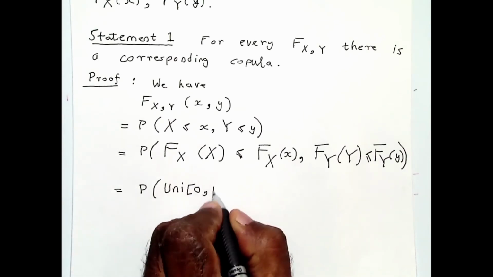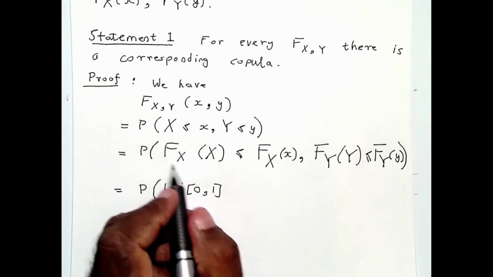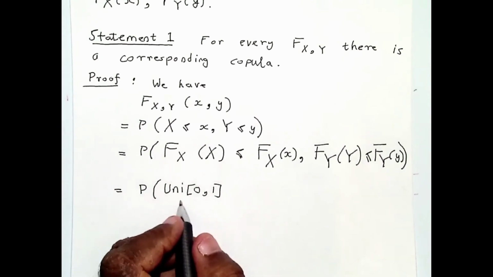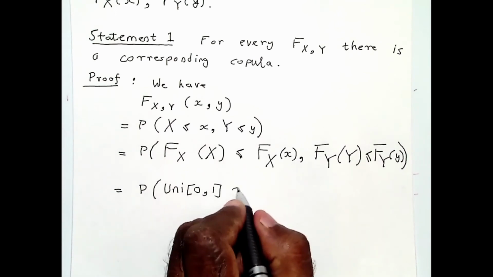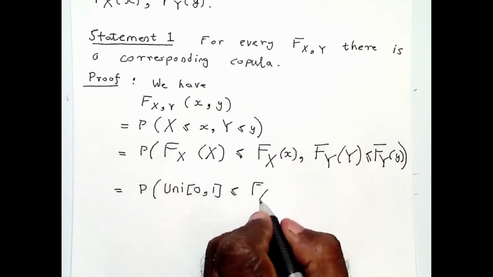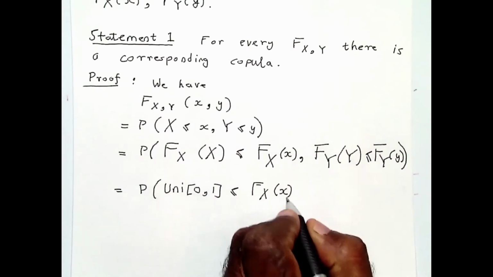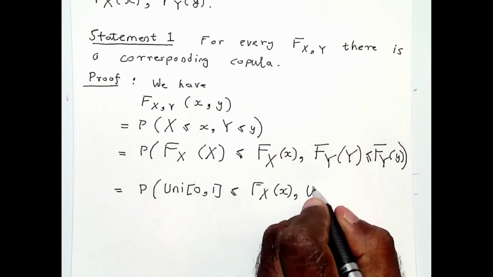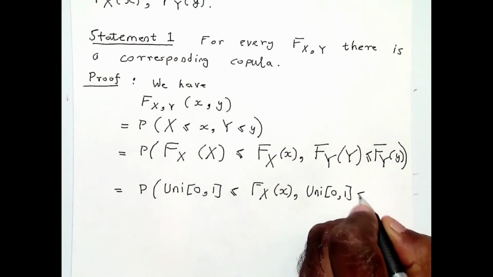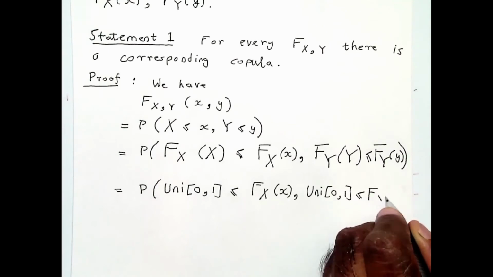So what I'm saying is that the CDF of a random variable is simply a uniform random variable. The name of that property, I will write it down in a sec.